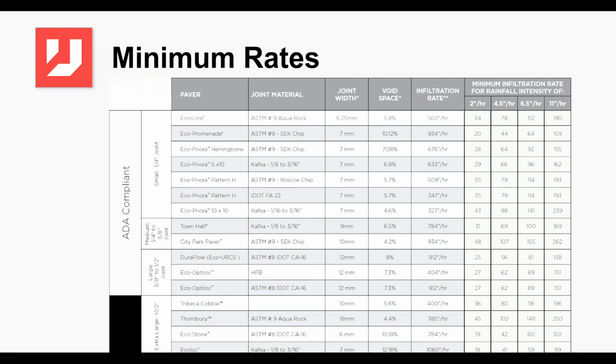Okay, so the next part of this, we want to calculate the minimum infiltration rates. We've taken our numbers from our test plot area and plugged them into our formulas here for that 5-minute intensity for the 2, the 10, and the 100-year rainfall event. So let's go back down and look at this Town Hall paver at 6.5% infiltration void space ratio. Across the top here, we have the 2-year at 4.5, the 10 at 6.5, and the 100-year at 11-inch rainfalls.